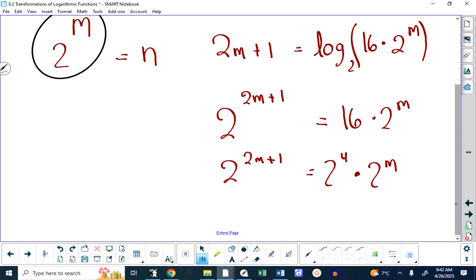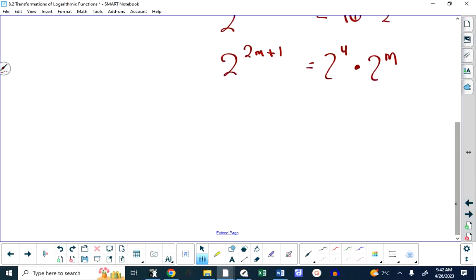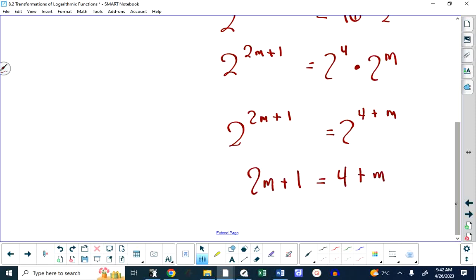Right? x squared times x to the 4 gives you x to the 6. We add the exponents. So now what I have is 2 raised to the 2m plus 1 equals 2 raised to the 4 plus m. And now, since the bases are the same and the powers are equal, the exponents must be equal. And at this point in time, it's just a matter of solving this.